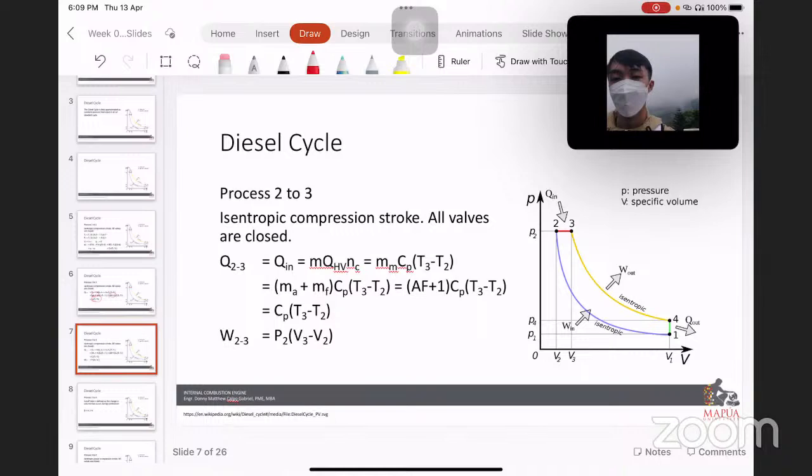So, since this is constant pressure, yung pressure mo from 2 to 3 equal lang siya, times the change in volume, V3 minus V2. So, meron ka ng Q in, meron ka ring work. This is where the Otto cycle and the diesel cycle differ. Meron ka ring work at this segment of the process.